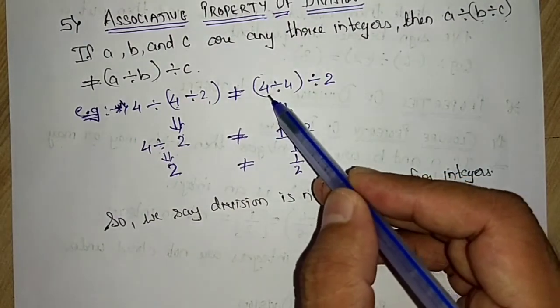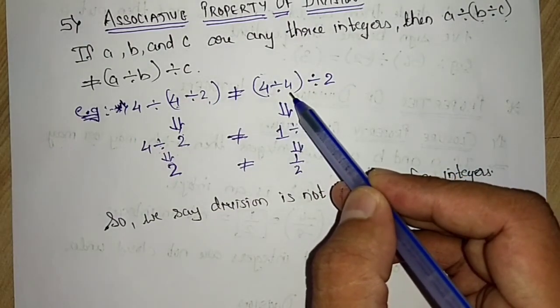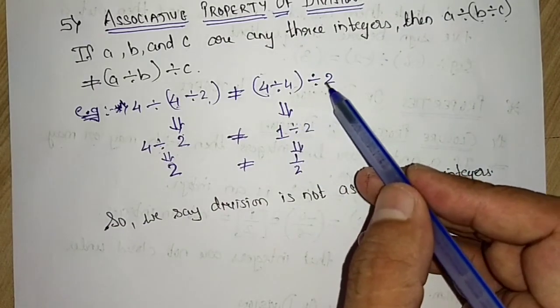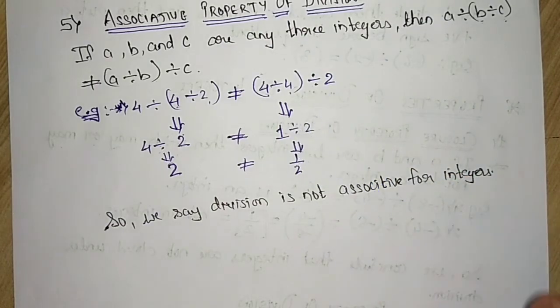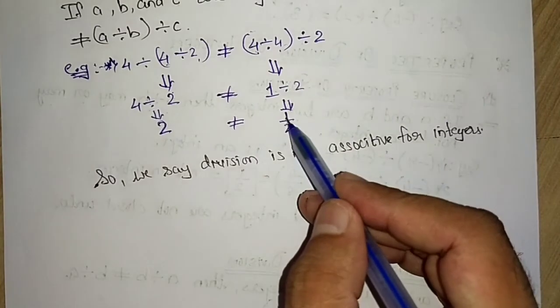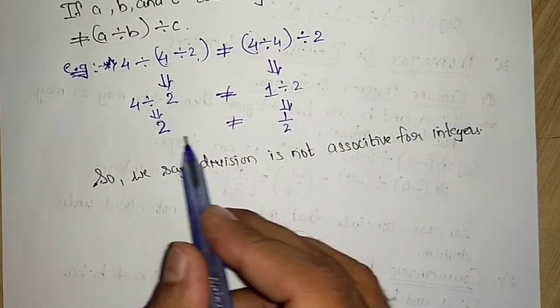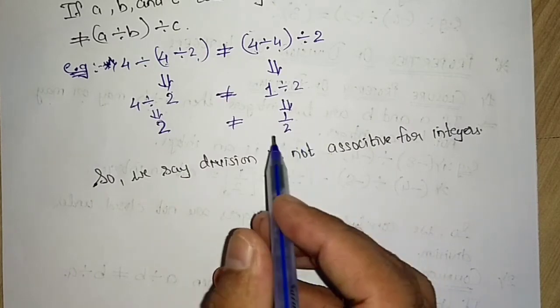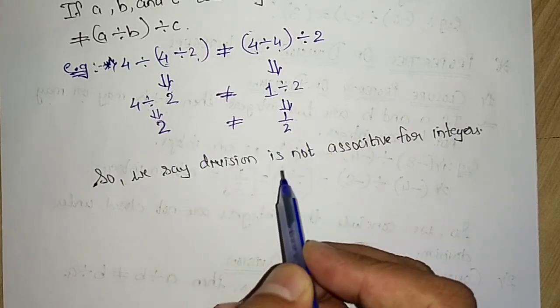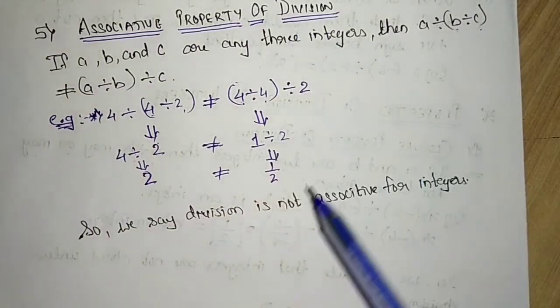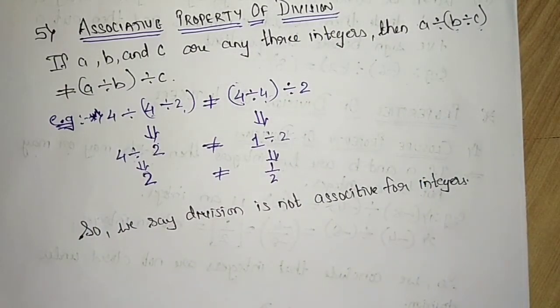First we have grouped the first and second integer, so 4 divided by 4 is 1, and this one as it is, and 1 divided by 2 is 1 by 2. So students, is 2 equal to 1 by 2? No. So we write 2 is not equal to 1 by 2. That means division is not associative for integers.